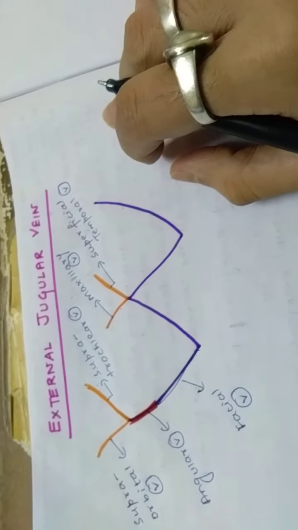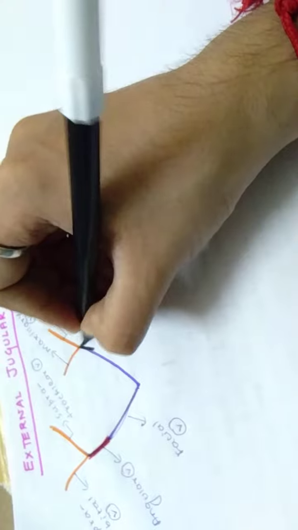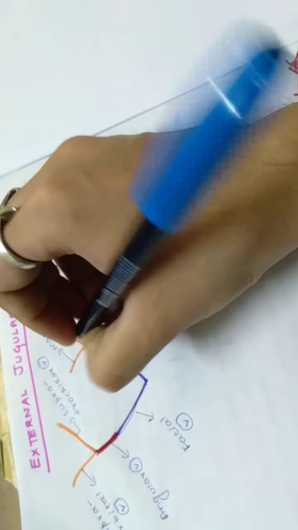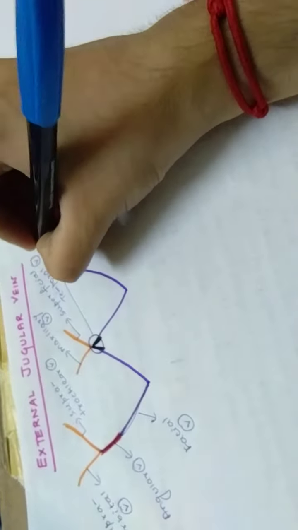So again another vein is formed in between. This black color that I have drawn is called retromandibular vein.